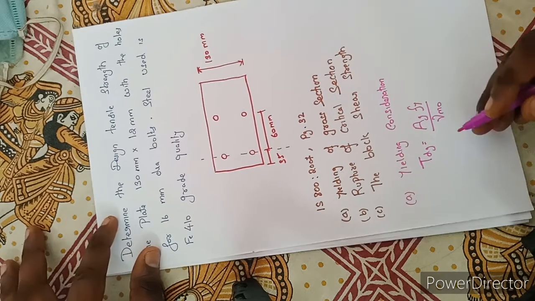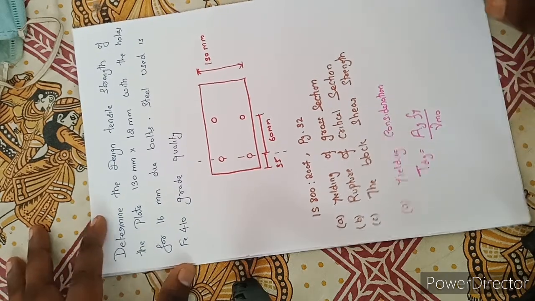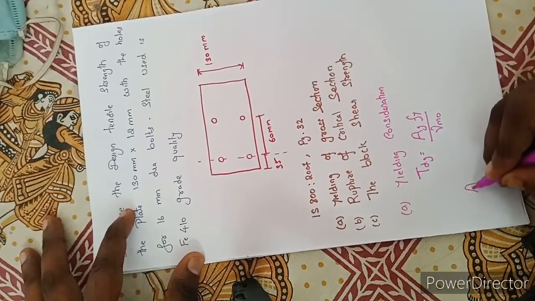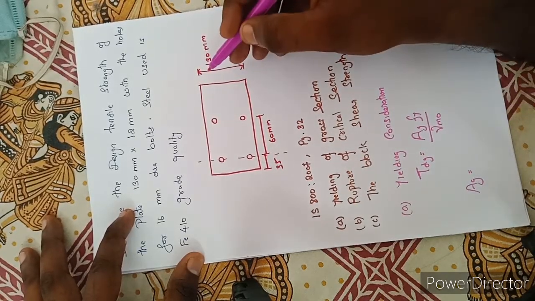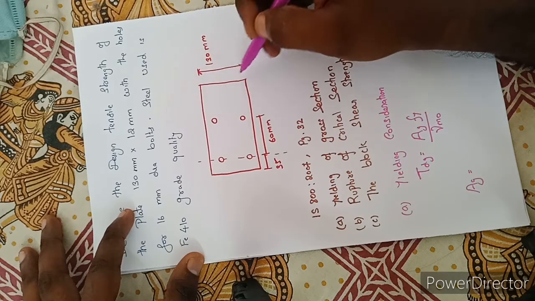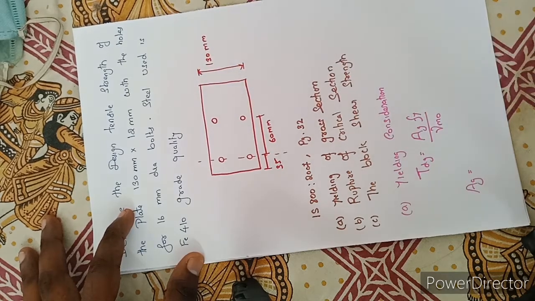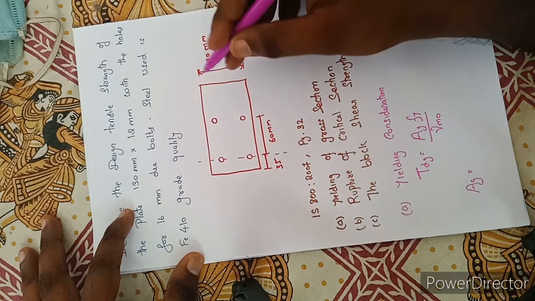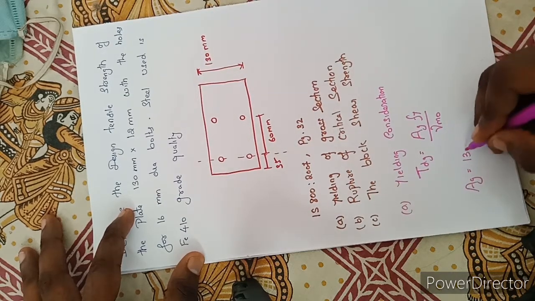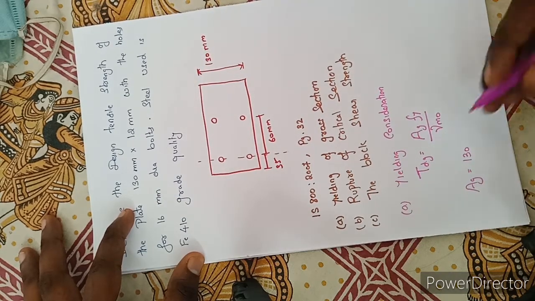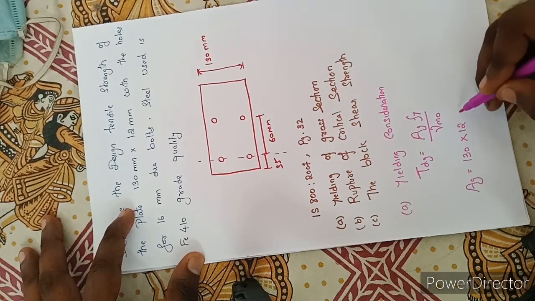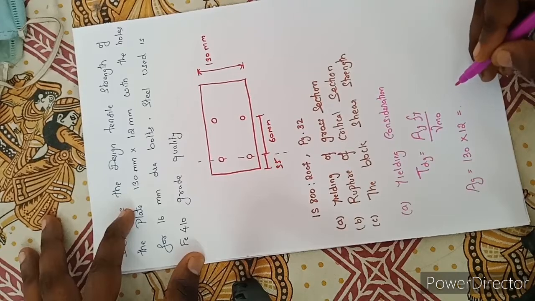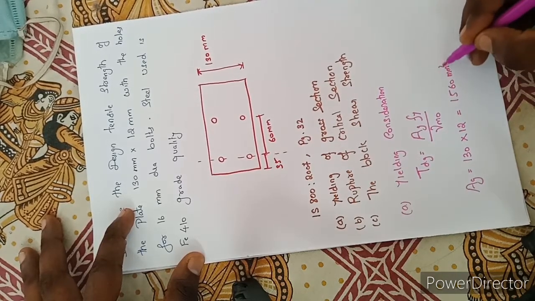So here we will calculate Ag first. The breadth of the plate is 130 mm and the thickness is 12 mm, which gives 1560 mm square.